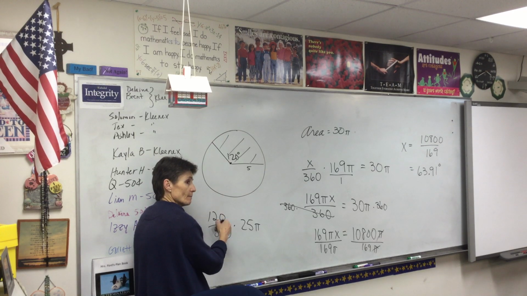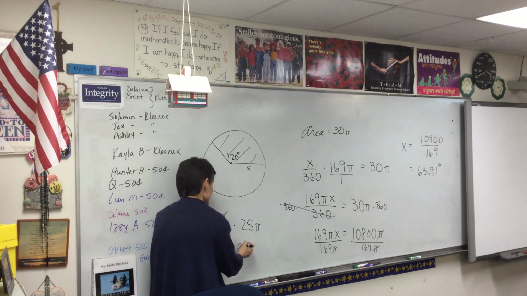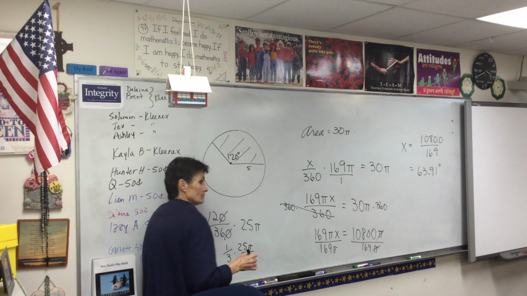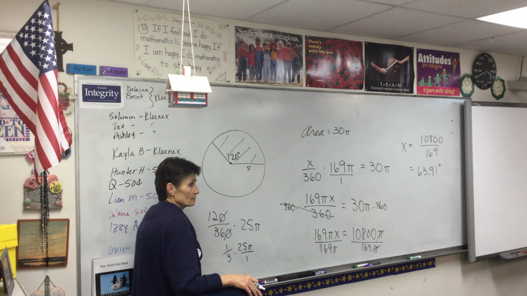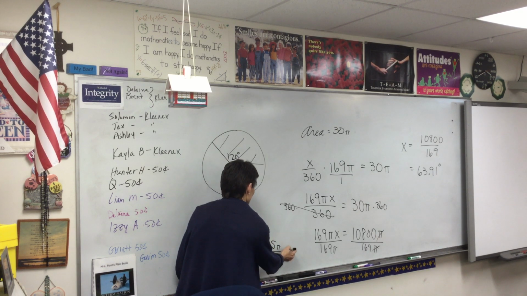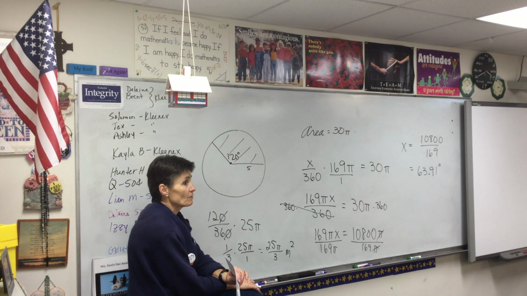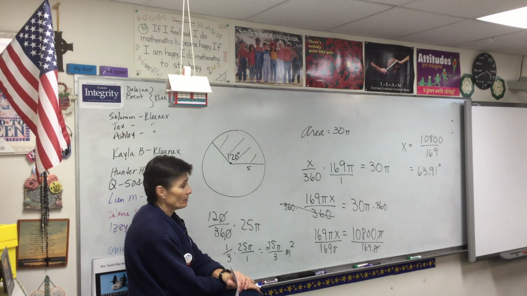Of course, cancel out the zeros, and it's 6 over 6. 1/3 times 25 pi over 1. 25 pi over 3 square meters. If you wanted a decimal, you could get it, but that is the exact answer.